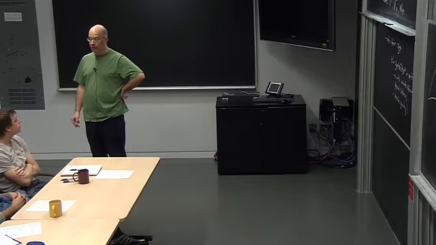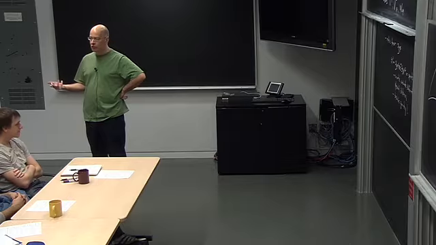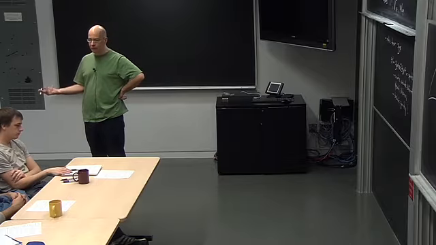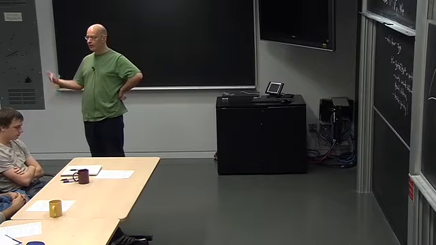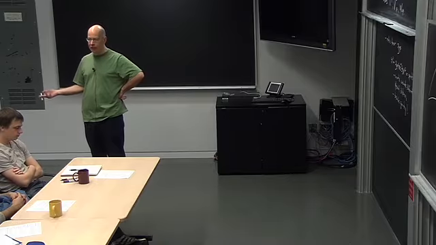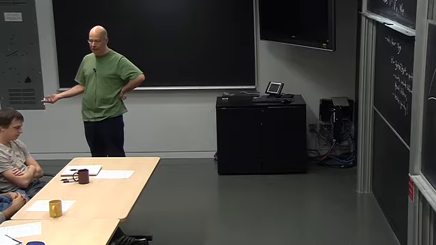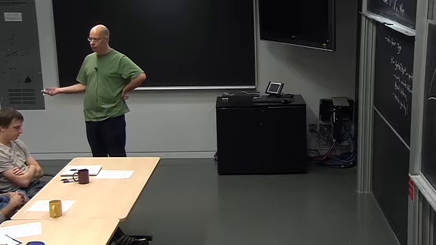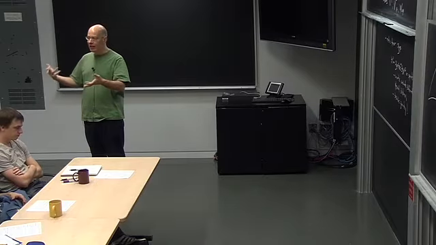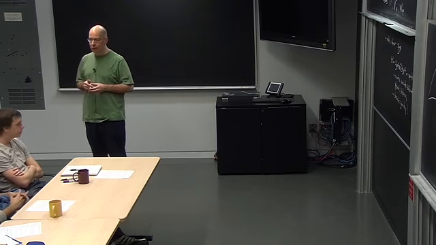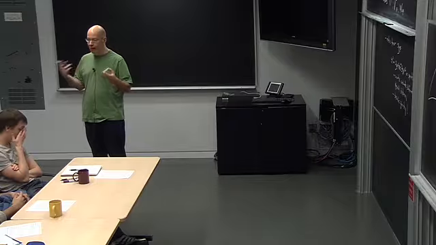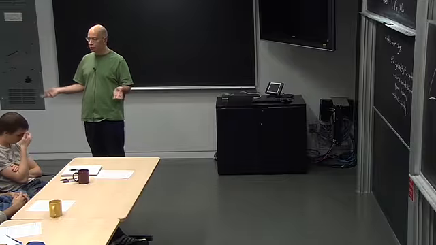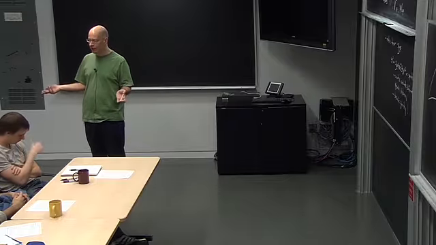So, for example, if you're presented with a metric that looks very weird and very strange, it may still be the metric of flat space-time, just presented in a very weird and strange coordinate system. And unless you do some tests on the metric to figure these things out, you may not be able to recognize that, and you may think that this is representing a weird and strange gravitational field.